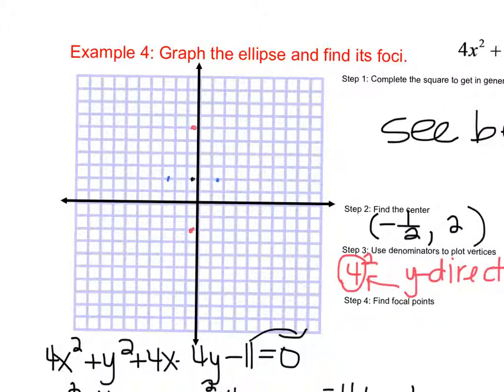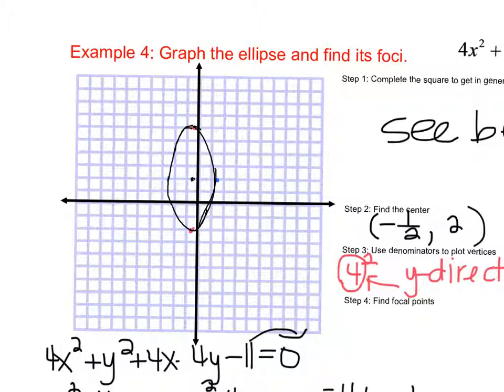So now we have what we need to make the ellipse. Like I said, the major axis is the y-axis, so it's one of these tall, skinny ellipses. I clearly managed to miss both of those points that I was supposed to hit. Let me try that again. Make it a little better. It's hard with this iPad. Okay, you get the drift.